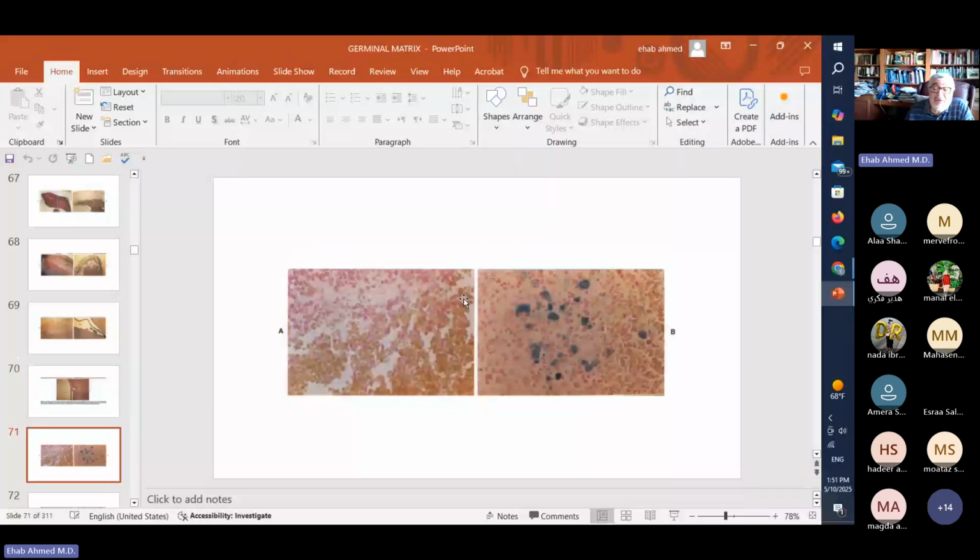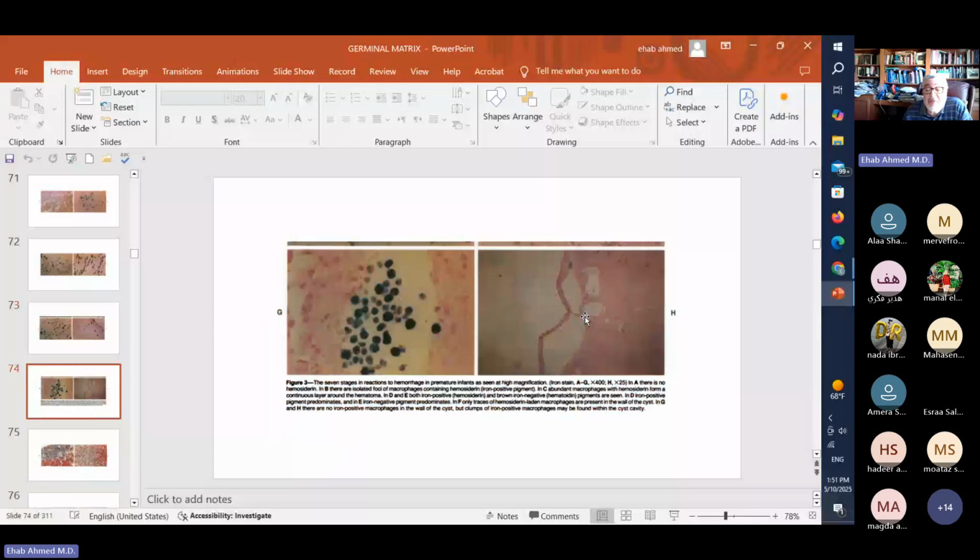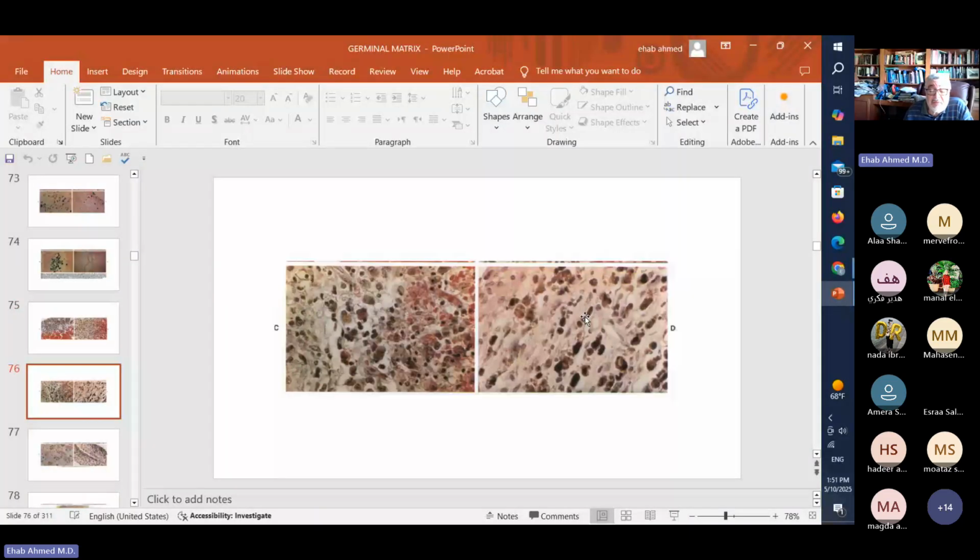And they use different stains, and then use the high power examination, which gave them the same 7 stages.